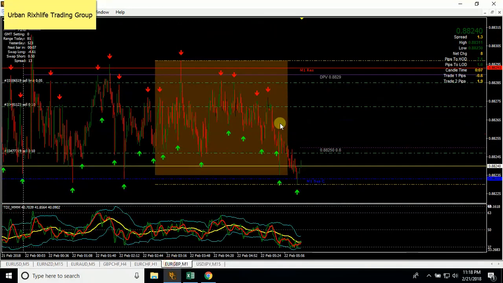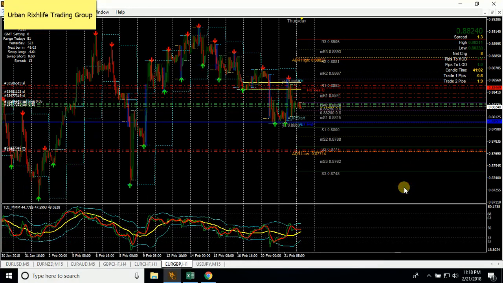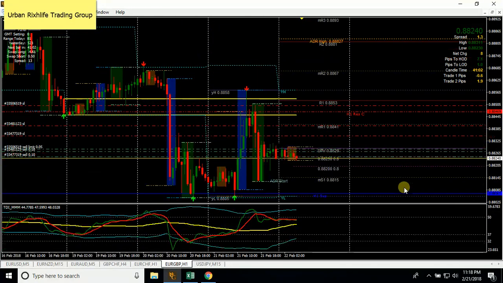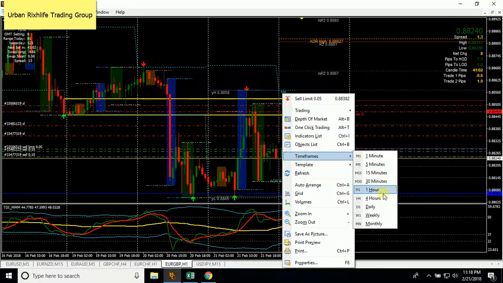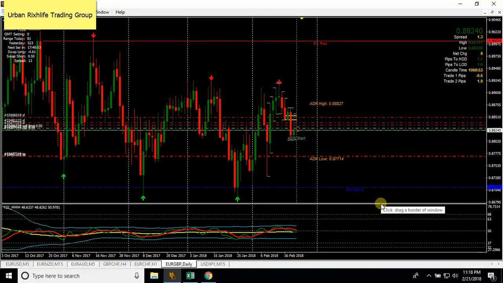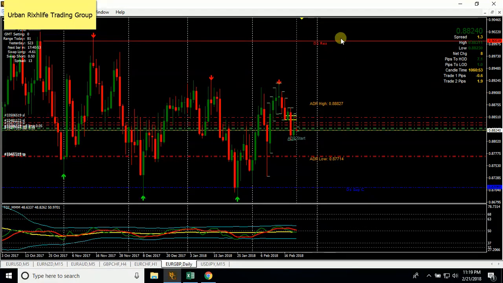Now the Euro Pound is here. On the Euro Pound, if we look at the daily, we have daily resistance, daily support.